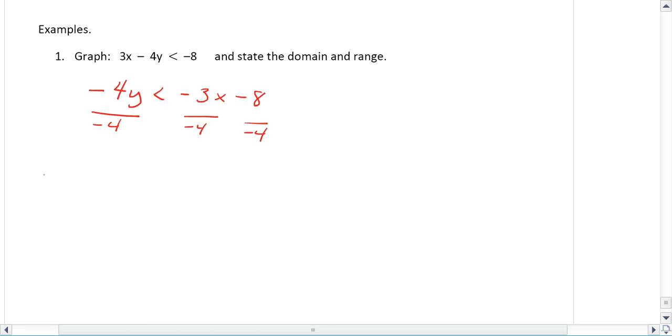When we divide by a negative, like the reminder said, this inequality flips. So the less than sign becomes greater than, and then I have 3/4 x + 2. Now we enter this on the y equals screen of our calculator. Select the greater than symbol and enter the rest of the equation.